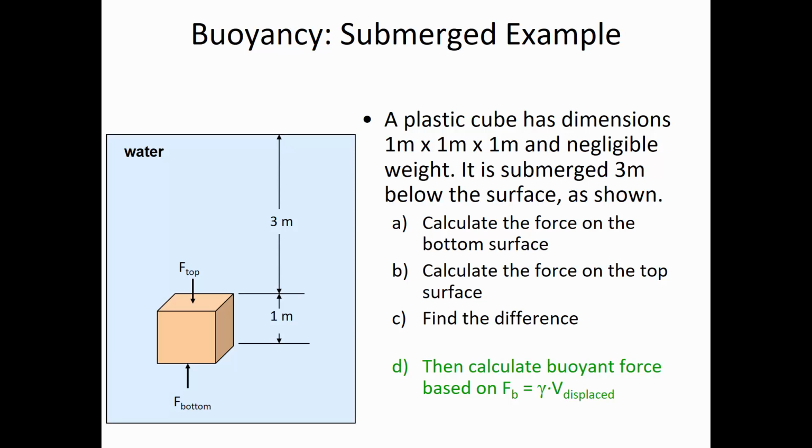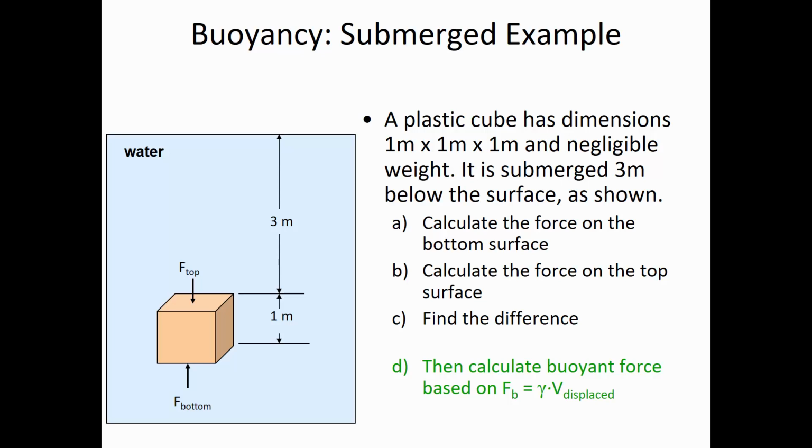Okay, so let's just prove this to ourselves. Let's prove it to ourselves that a submerged object, its buoyant forces are dependent on either the volume displaced or the difference between the forces from above and the forces from beneath.